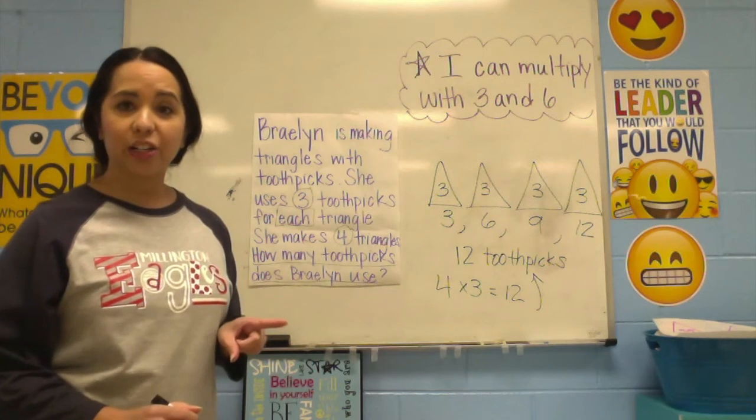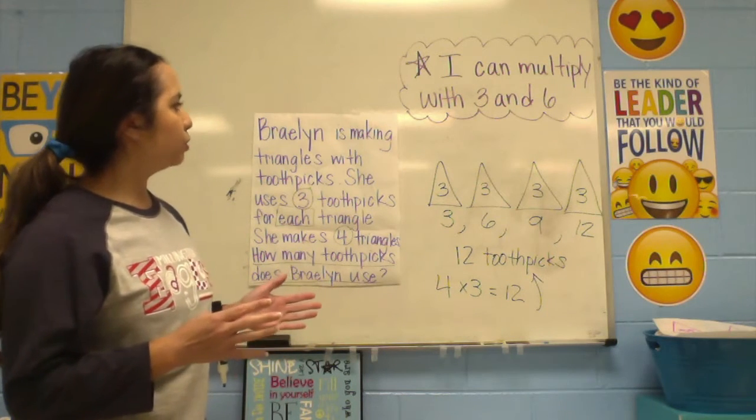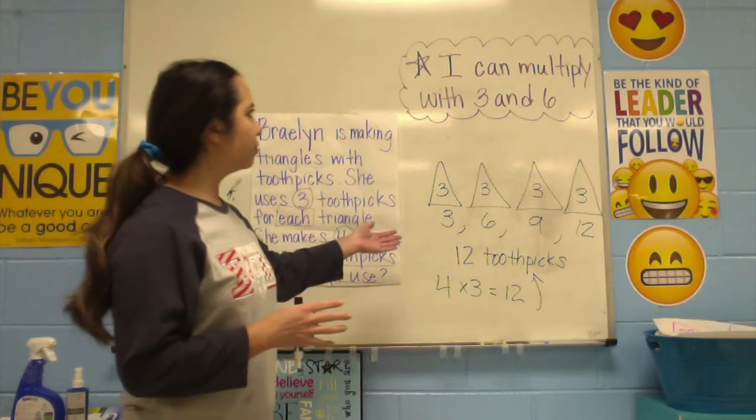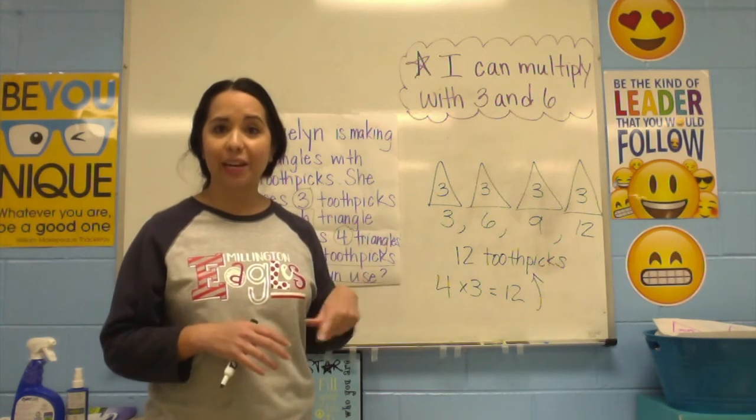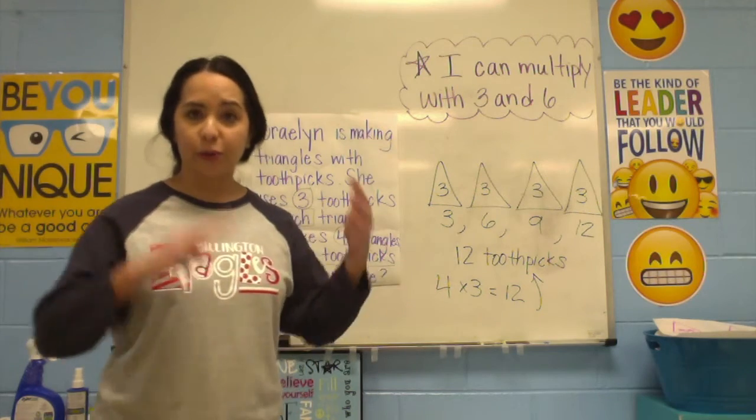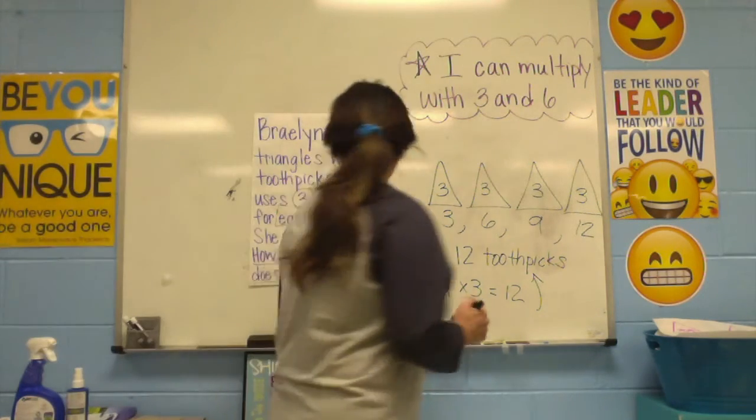Okay, so strategy number 1 on how we can multiply. This example is multiplying with 3s. You can draw a picture and then definitely skip count by 3s to help you get your total number, your answer.